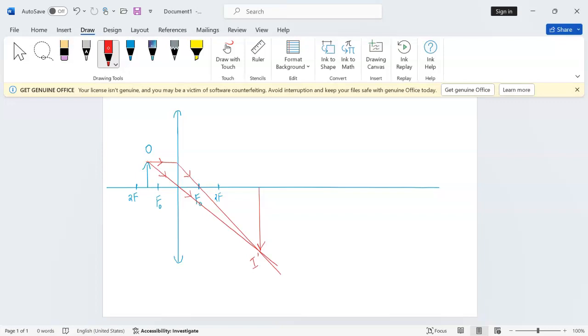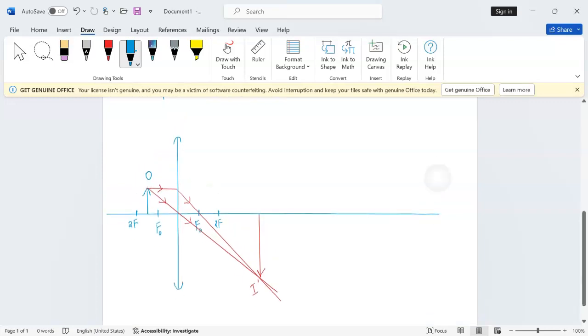So image 1 is adjusted in such a way that it becomes object for the second lens. So now we're going to have another lens placed close to this one. This other lens will be called the eyepiece lens, the lens which is closer to the eye. Also converging.